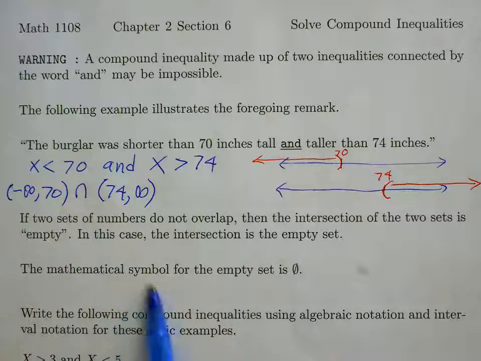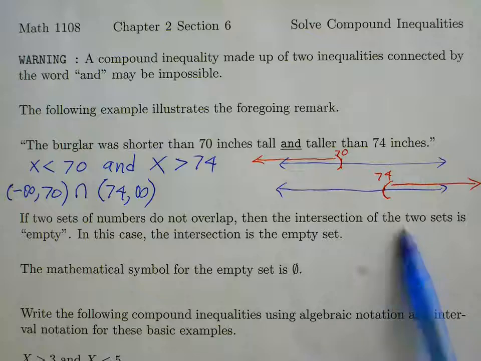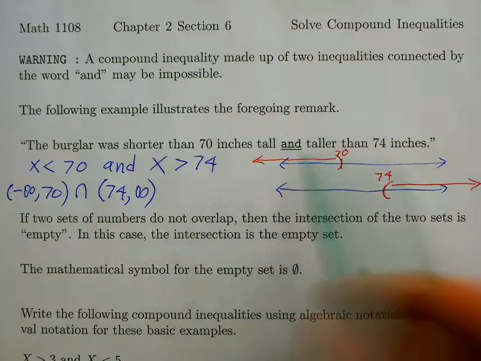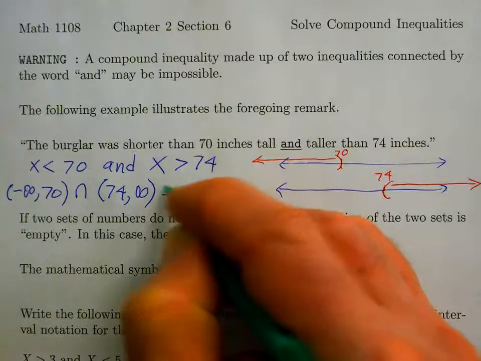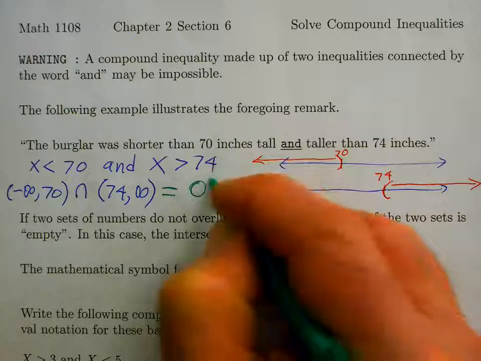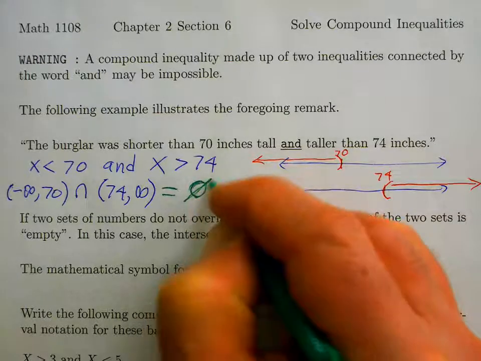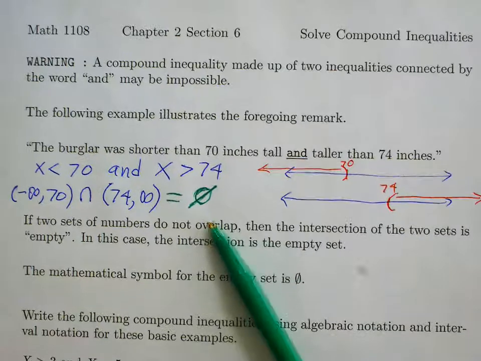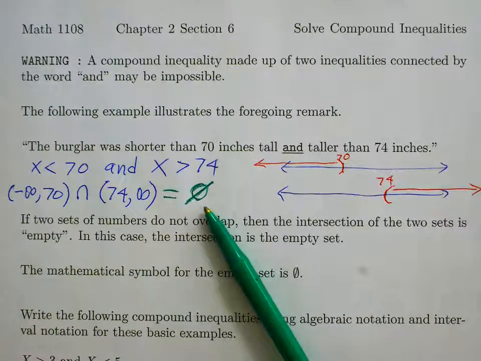The mathematical symbol for the empty set is a circle with a slash through it. Okay, so since there's nothing in the intersection, this is the empty set. So you'll see this symbol in Newton when you're working on inequalities.